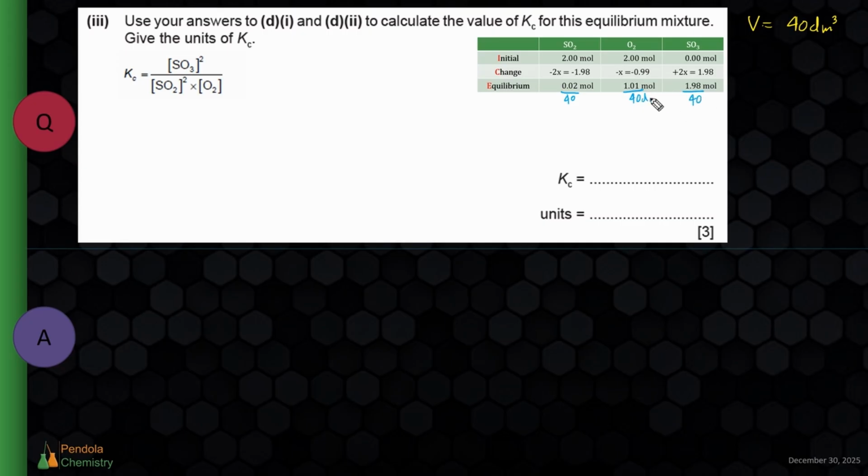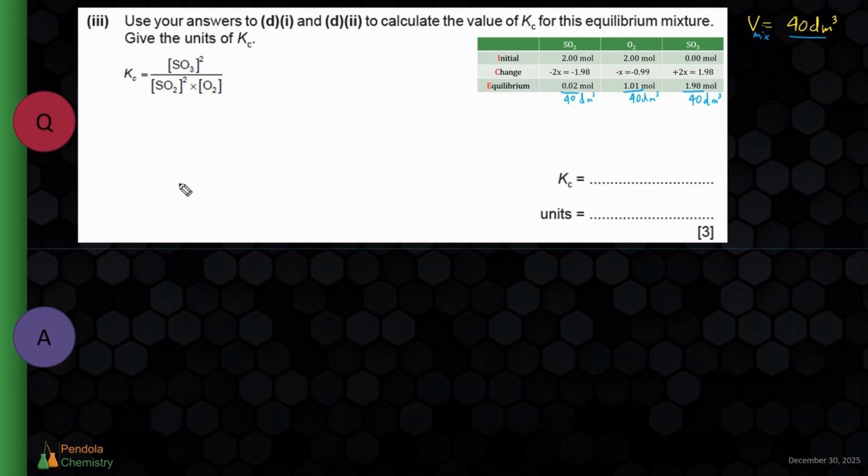Why by 40? Again, we're trying to get concentrations, so we're doing moles per cubic decimeter. We divide by cubic decimeters, and 40 because this is the volume of the mixture, the overall volume of everything mixed together. That means every one of the solutions in the mixture has the same volume of 40 cubic decimeters.